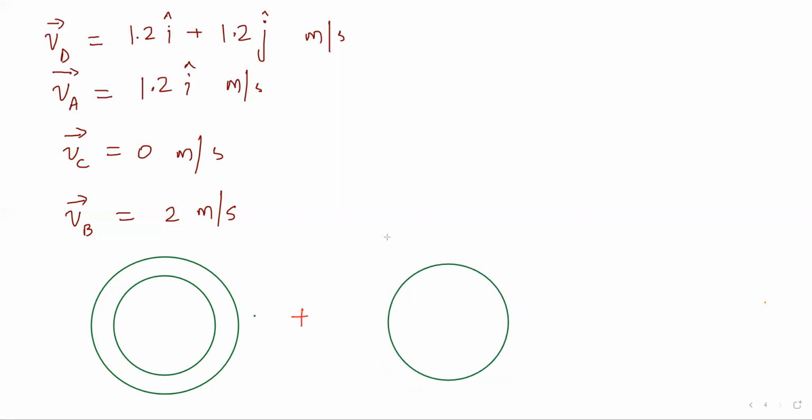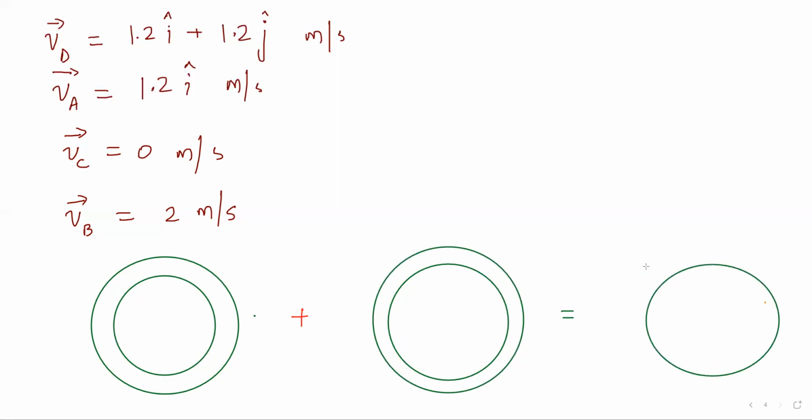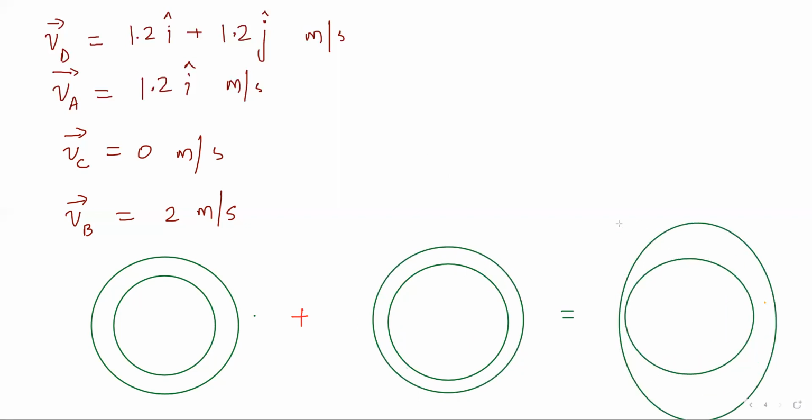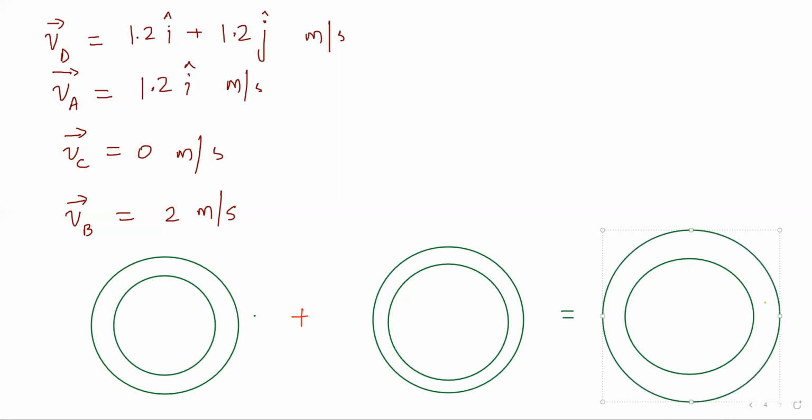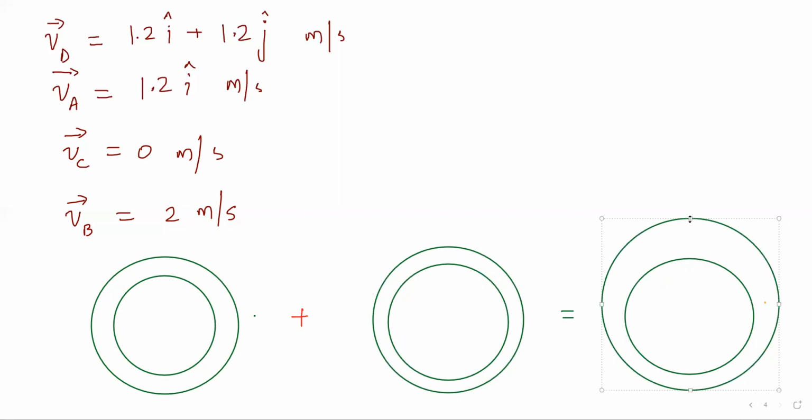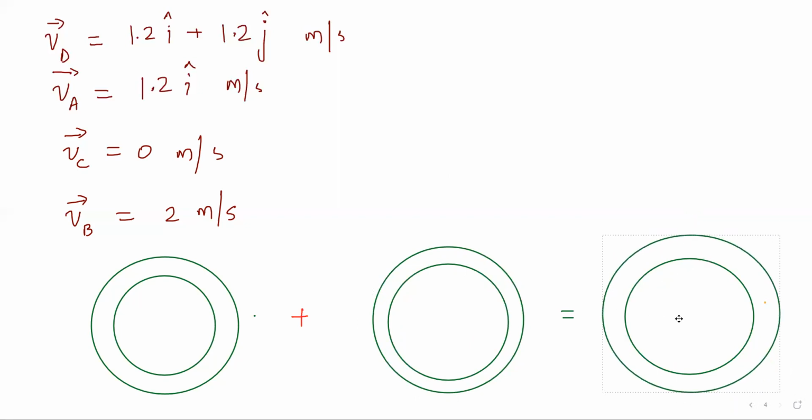Then I have this equal to another of this very quickly. I have ended up changing the shape, unfortunately.